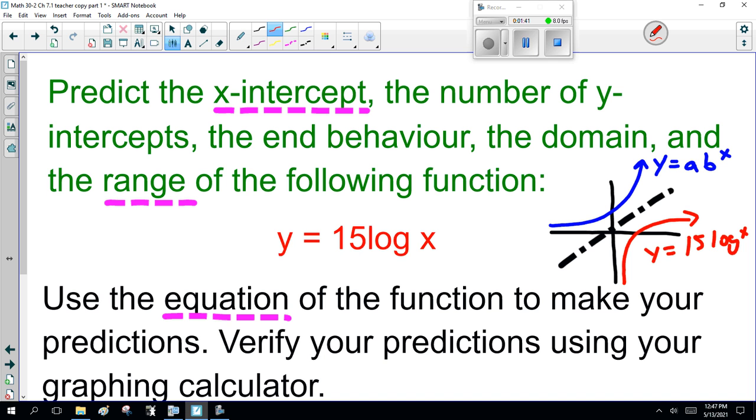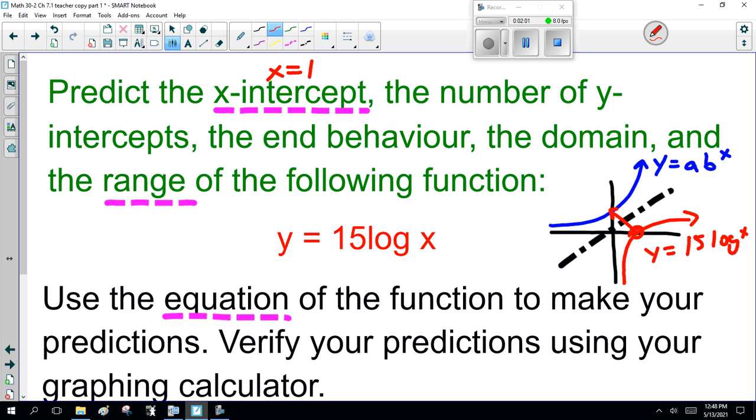Something like that. Now, the x-intercept here on the log function, there's one of them. Notice there's one y-intercept on the original, but that's x equals 1.